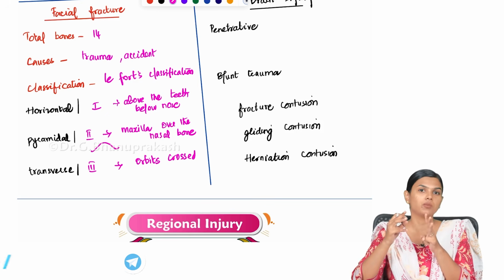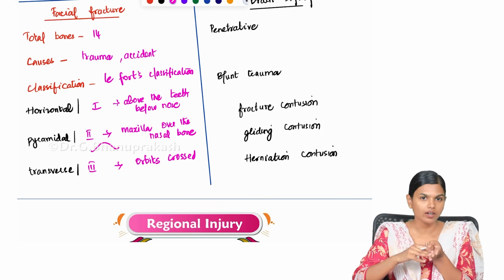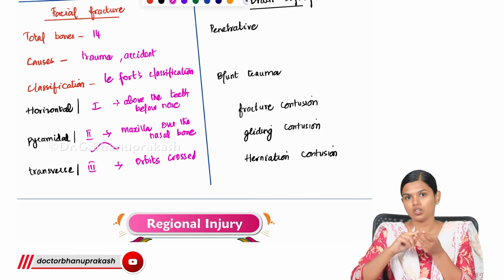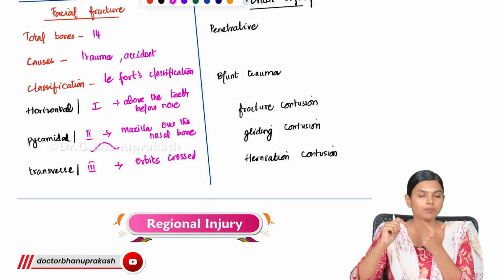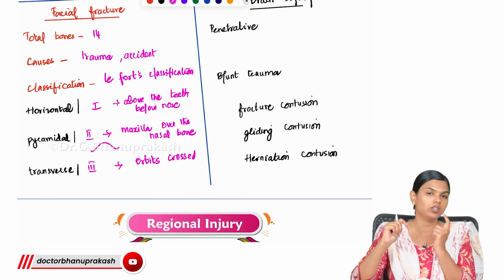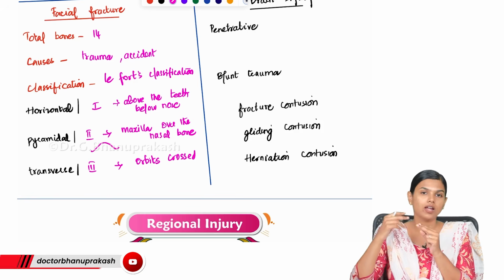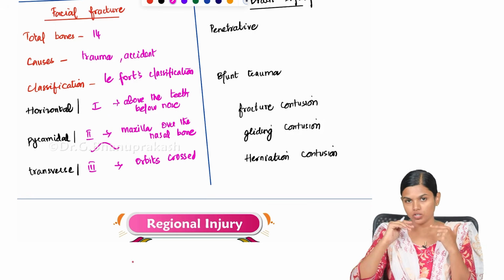So these are the 3 types of facial bone fracture you can get, divided by Lefort classification. Lefort 1 is horizontal, immediately above the teeth; 2 is pyramidal, going above the nasal bones; and 3 goes across the orbital bones.